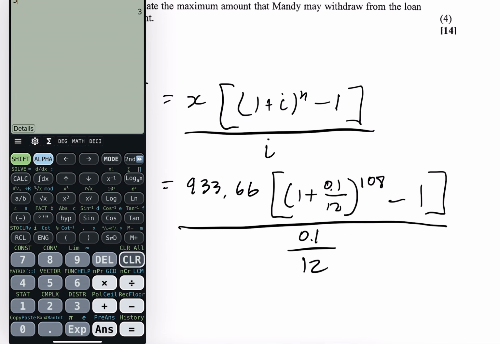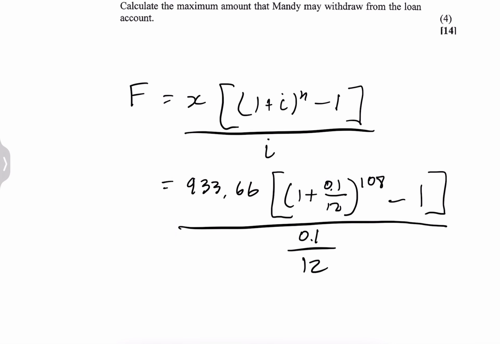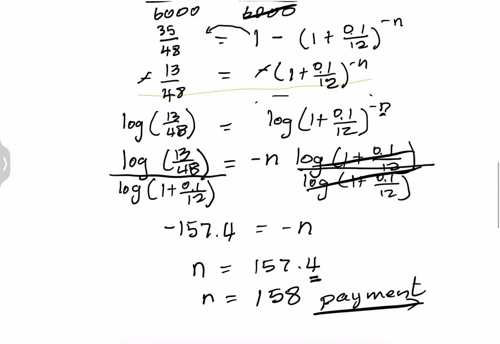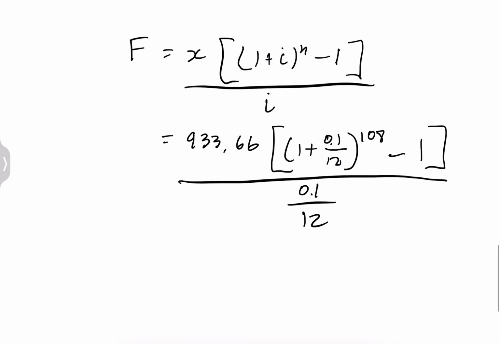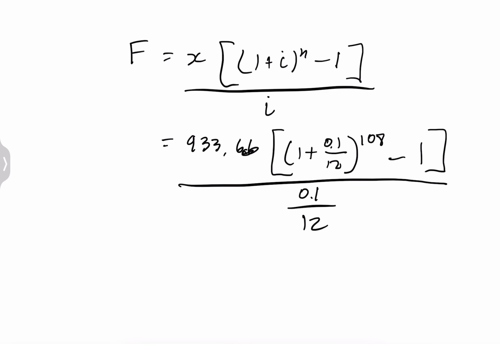There's really nothing much to it at this stage, except I keep making funny errors in the process. I had said 933 and 64 cents.